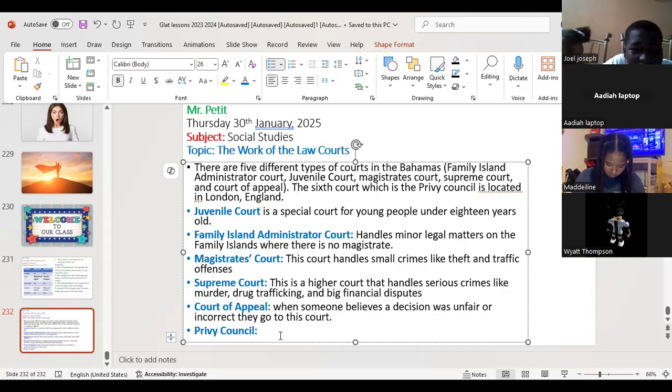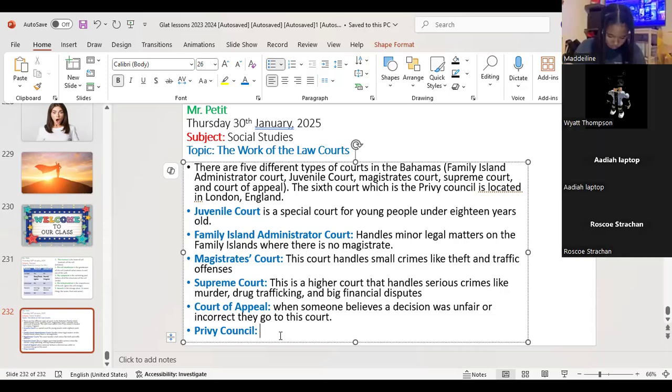The Court of Appeal. No, it's the Privy Council. It's the highest court of appeal, right? Even though they are in London, they still deal with matters in the Bahamas, even though they're located in London.